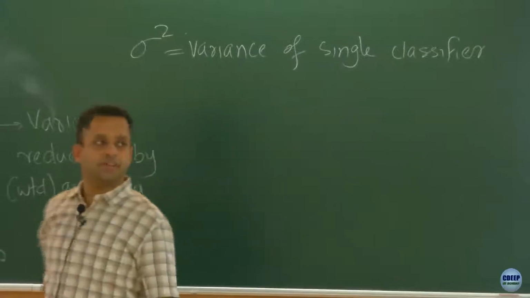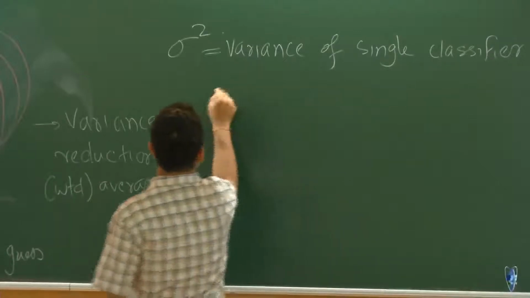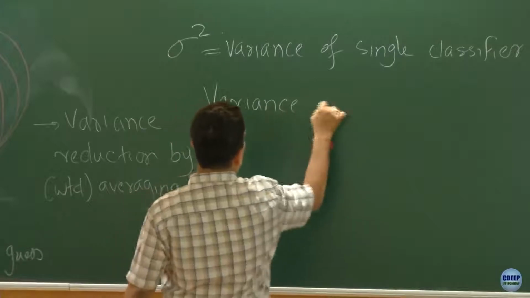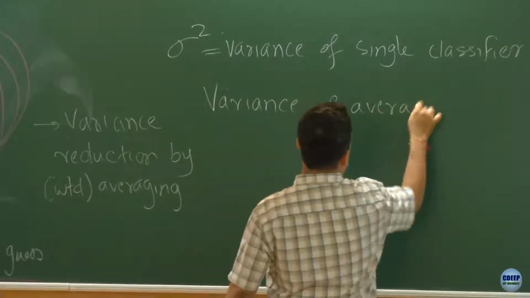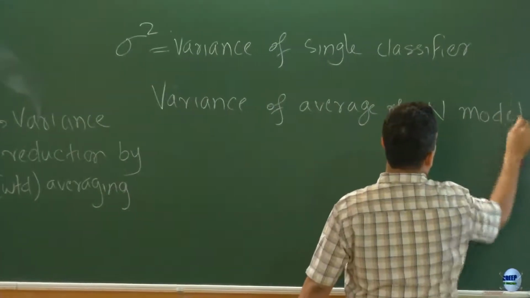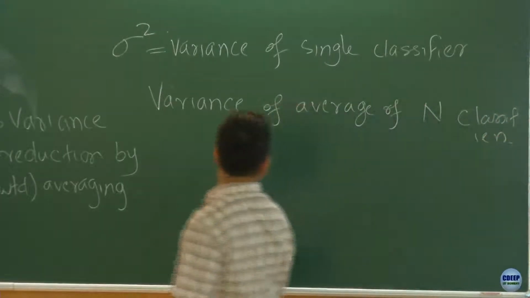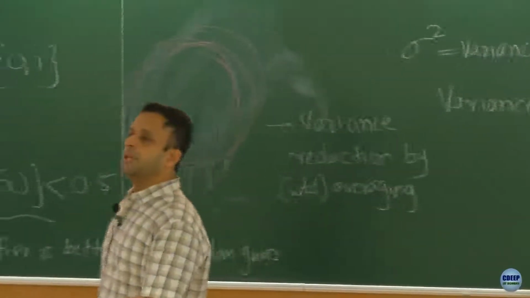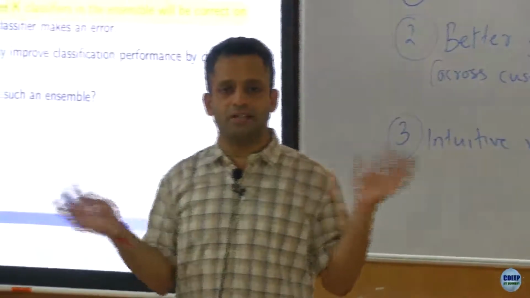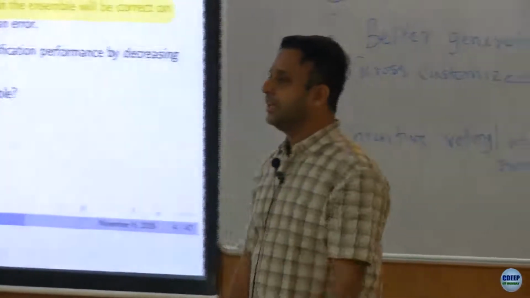And now I consider an average, to begin with a simple average. So what will be the variance of the average of n classifiers? And let's say that the average correlation, the statistical correlation coefficient, between any two classifiers is rho.